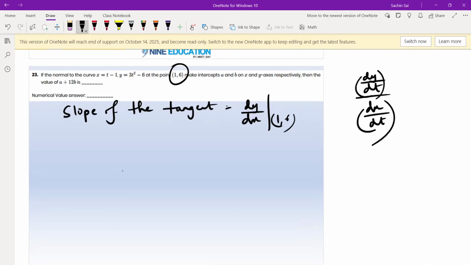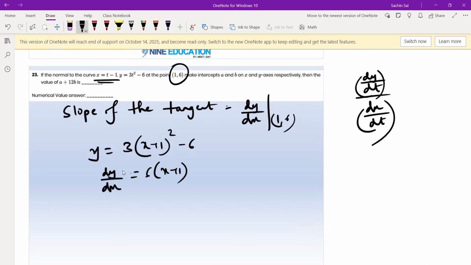In this case, however, I think you can write t as x plus 1, right? x is t minus 1, so t is x plus 1. That means you'll get y equals 3 times x plus 1 whole square minus 6, right? So that means dy by dx is 6 into x plus 1, right? So that means slope of the tangent is 12, right?